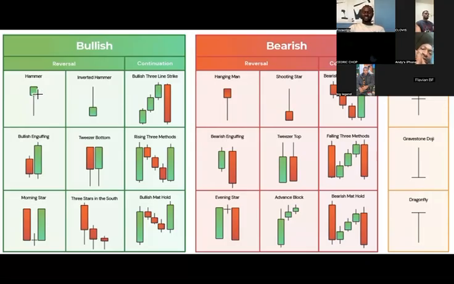So a hammer is a single candlestick pattern that happens towards the bottom of a downtrend, signifying a potential reversal to the upside. It's a bullish reversal candlestick pattern that you cannot use on its own, but it's very strong. When you see it after a lot of sell off, it often signifies that there's going to be a potential reversal to the upside.